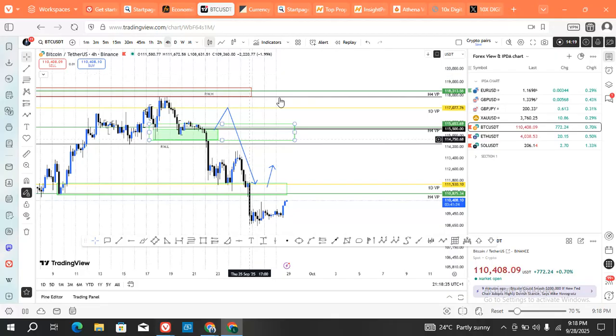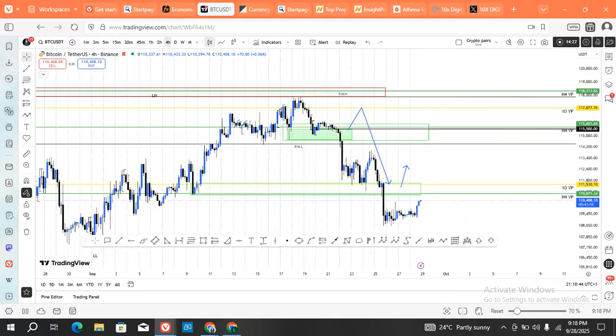But our forecast for last week was on point. This was our forecast. We said that the market is meant to move up a bit, then drop. So that forecast was on point, and the market actually moved up a bit, then dropped.